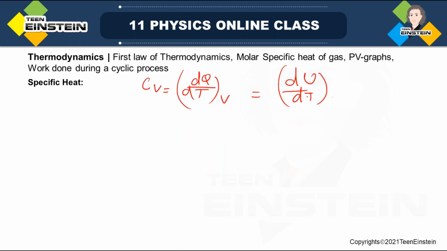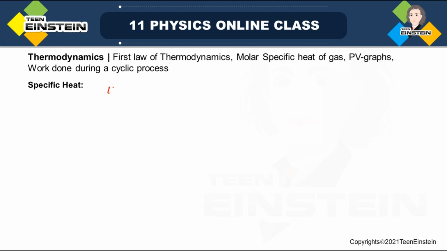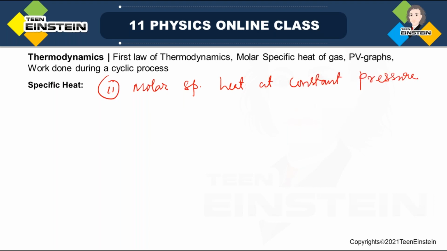Internal energy does not depend on v, only on temperature for an ideal gas. Now in this part we'll define what is Cp, or molar specific heat at constant pressure. So this is going to be very interesting.